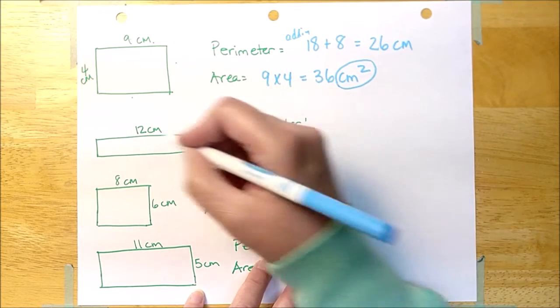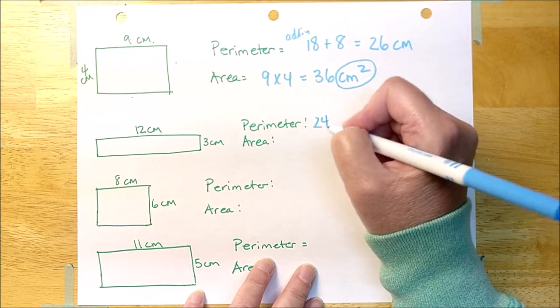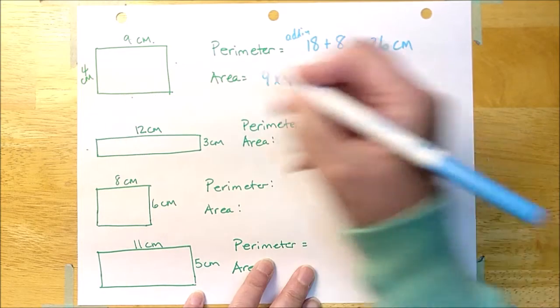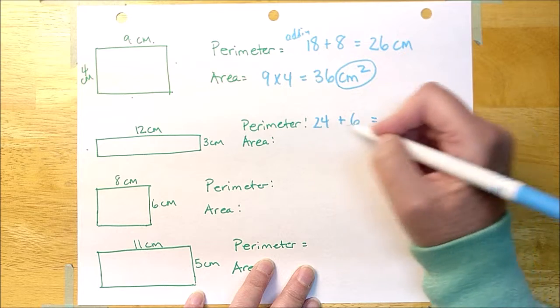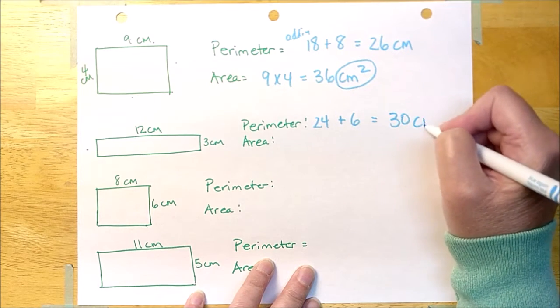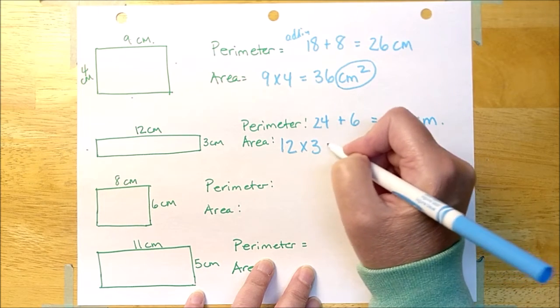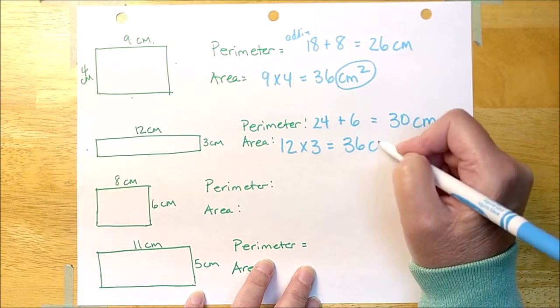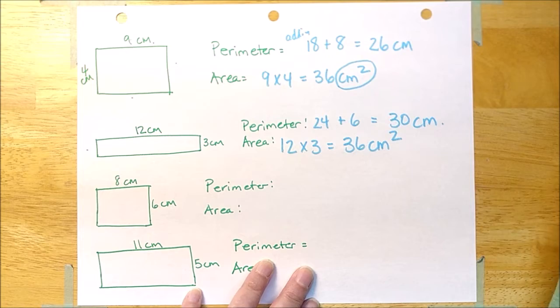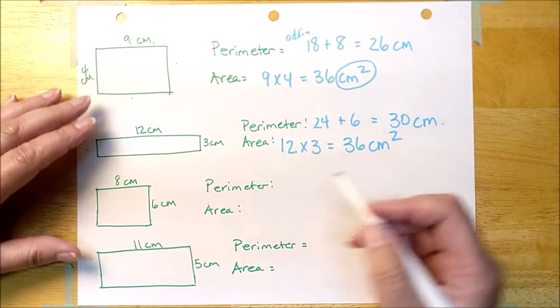So this one, perimeter, would be 12 and 12, which is 24, plus 3 and 3, which is 6, and 24 plus 6 is 30 centimeters. My area is 12 times 3, which is 36 centimeters squared. I hope you got that one right too.